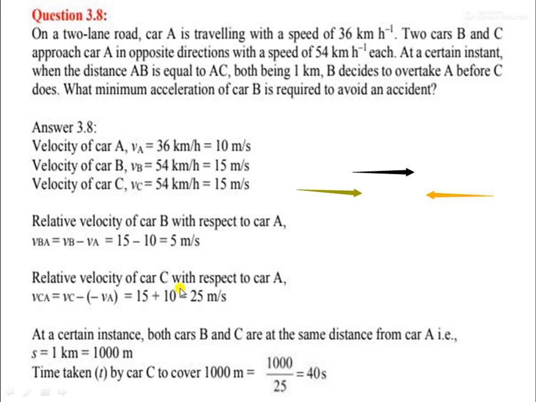So the relative velocity of car C with respect to A is 25 meter per second. At a certain instant, both cars B and C are at the same distance, that is 1000 meter. Now the time taken by car C to cover 1000 meter would be 1000 divided by 25. 1000 is the distance and 25 is the relative speed, that is 40 seconds. So to cover 1000 meter, car C requires 40 seconds.